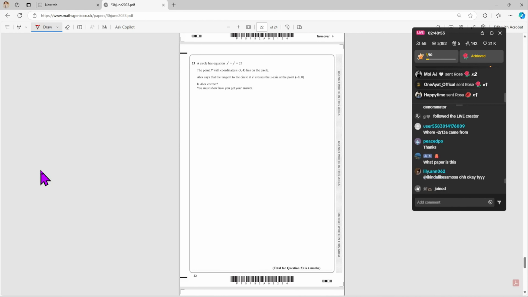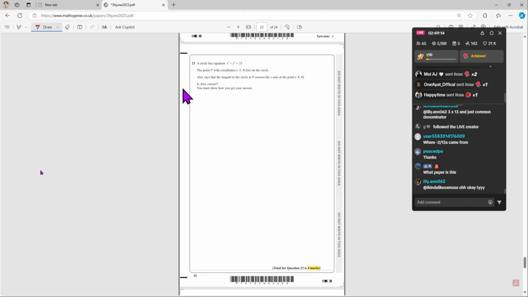So, a 4-mark question. I think we only have 2 more questions left, so there's the 4 and 5 markers. A circle has equation x squared plus y squared is equal to 25.